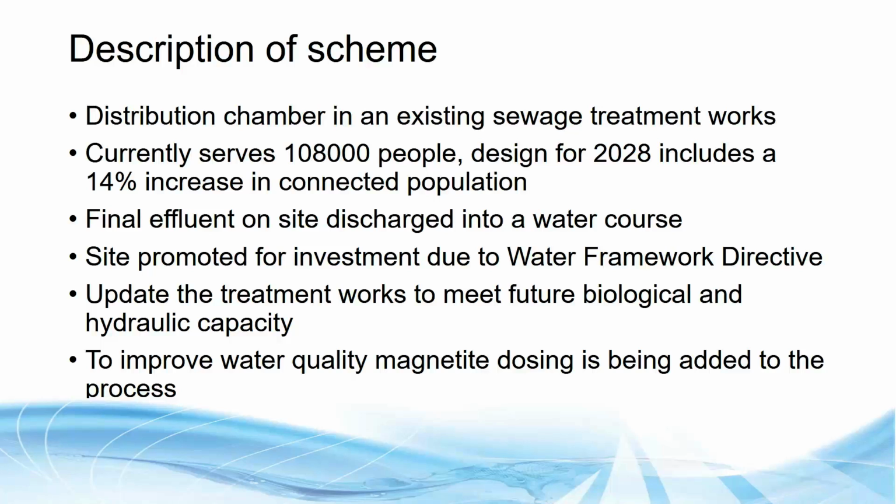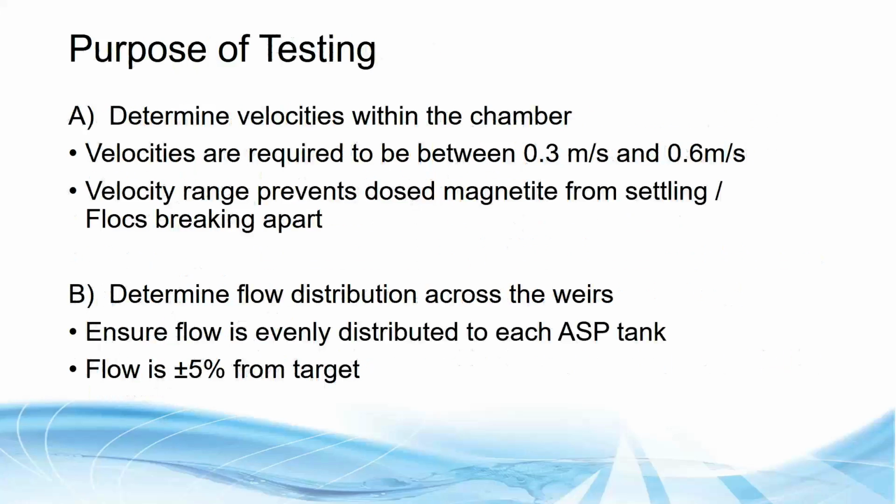So we're worried about the effluent conditions, and also due to the tightening because of the new water framework directive, and because this station needs to meet current and future standards. Also, because of the increase in collective population, they asked us to carry out an assessment of an existing structure.